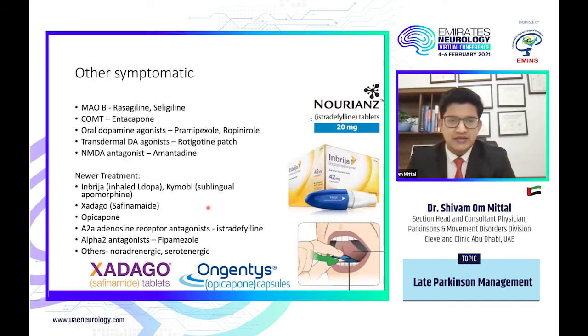And I think we are so desperate at this point when we see the patients in the clinic that any option that can improve the quality of life or can improve the off phase should be used as soon as possible. So these are the new options coming up, and some options which are already available.